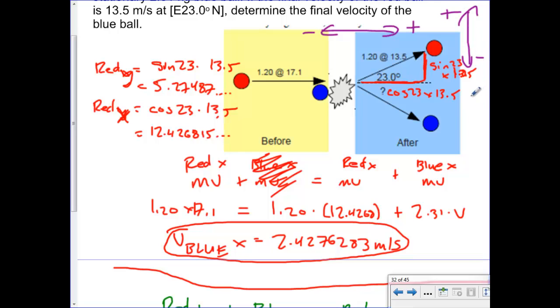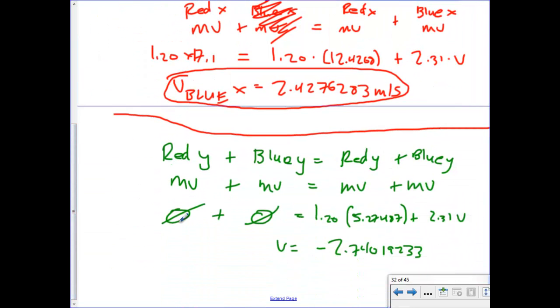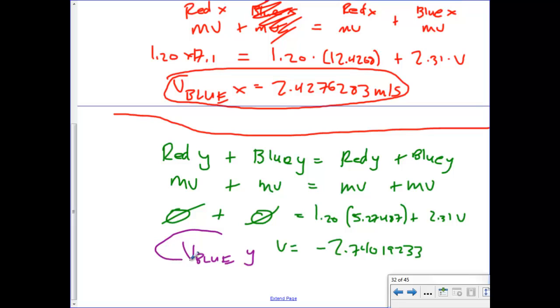So the negative just means that the ball was going down, that's all. It's not going to affect my answer unless for some reason as a distractor they change the north, south, east, west kind of component to it. So let me make sure I'm clear about this. This is the velocity of the blue ball in the Y direction.